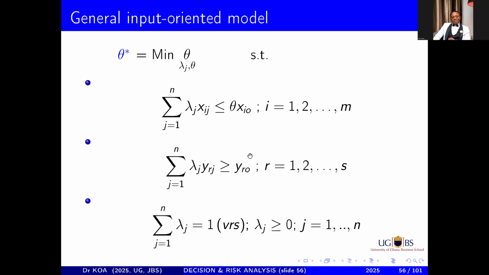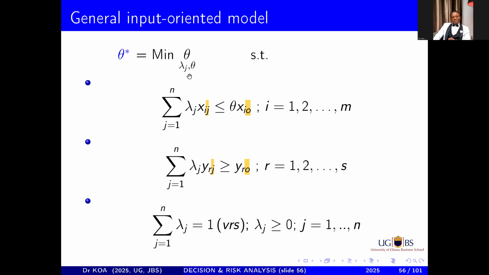The zero not means that we are dealing with the DMU under consideration, unlike this side where the J means all the DMUs, each one of them at the go. You have the VRS constraint, which is a convexity constraint, and then you have the non-negativity constraint as well. If you don't understand this, let me know.